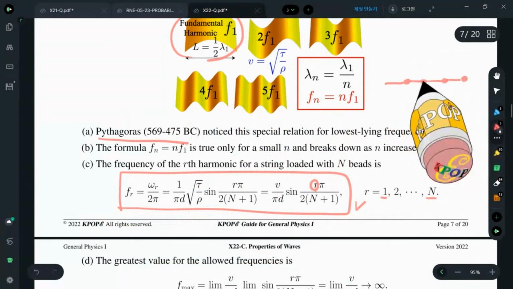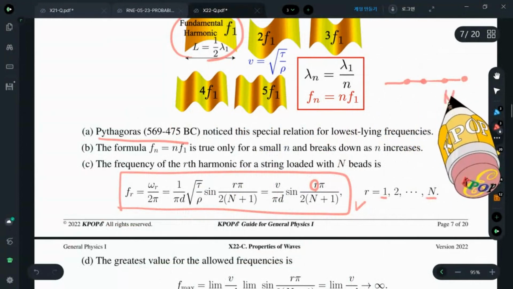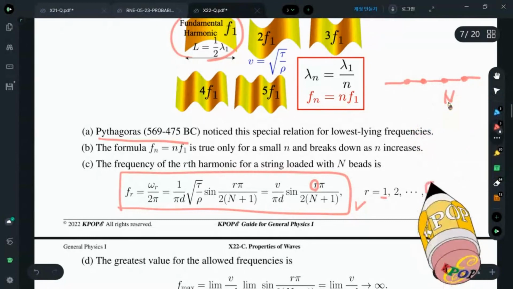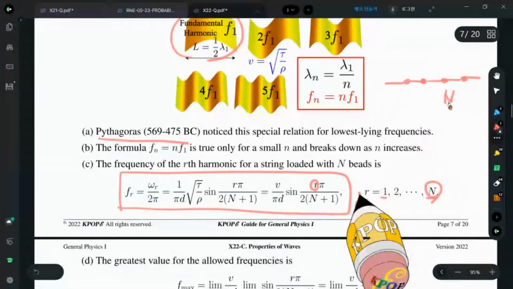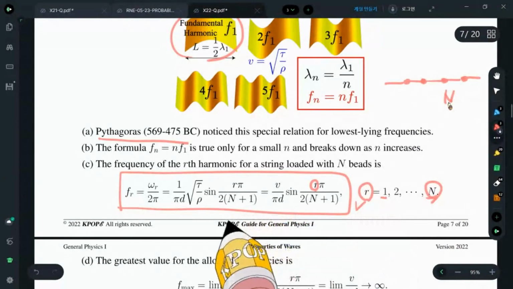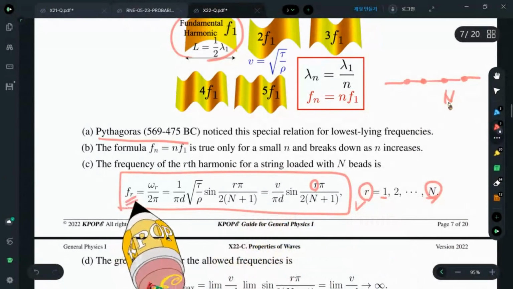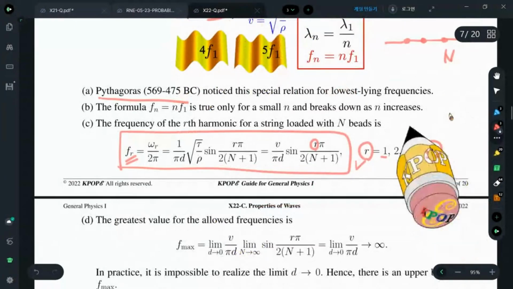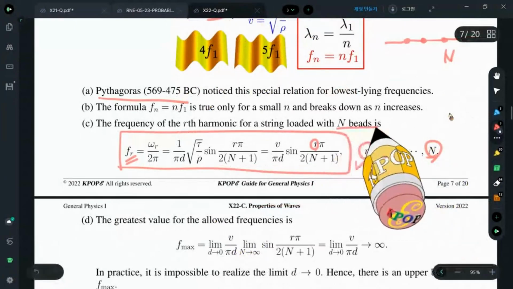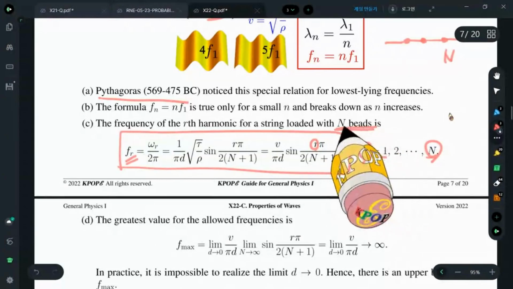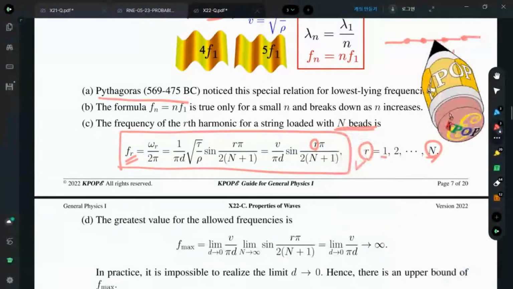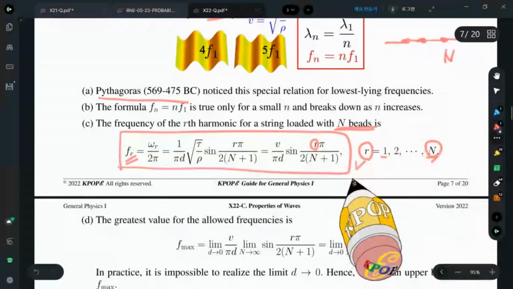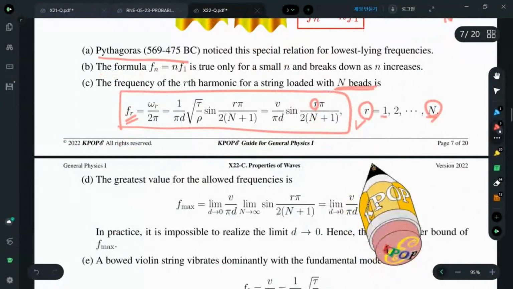The string consists of n tiny massive beads, and there are distinct frequencies called harmonics, and the number of frequencies available is exactly the same as the number of beads consisting the string.